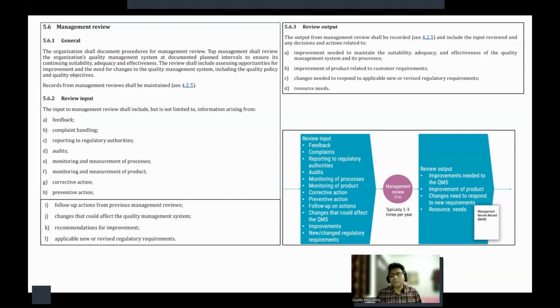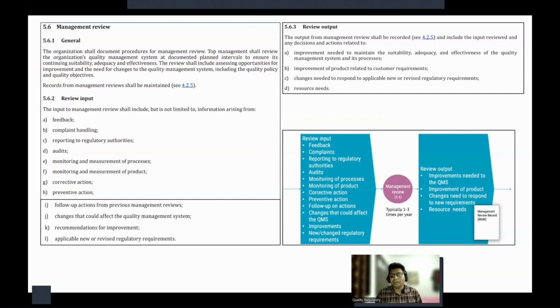Okay, so all that has to be documented in a memo, and that has to be circulated across. So, the effective way is that if we are preparing the memo, everybody is there in that meeting. Top management is there, the management representative is there, because it is the management representative's responsibility to ensure that the requirements of the standard are being met.